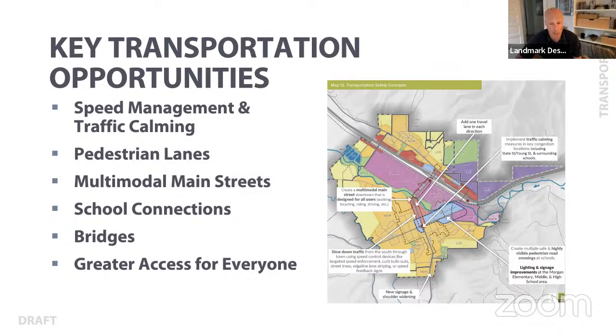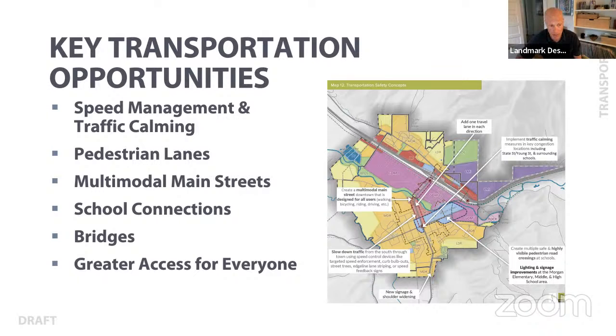Making the streets multimodal, so they're not just for one form of transportation, such as vehicular travel, but for bicyclists and for pedestrians as well. Then providing safe connections to schools, providing bridges to get more connectivity between the community across some of your waterways that come through the city, your rivers.